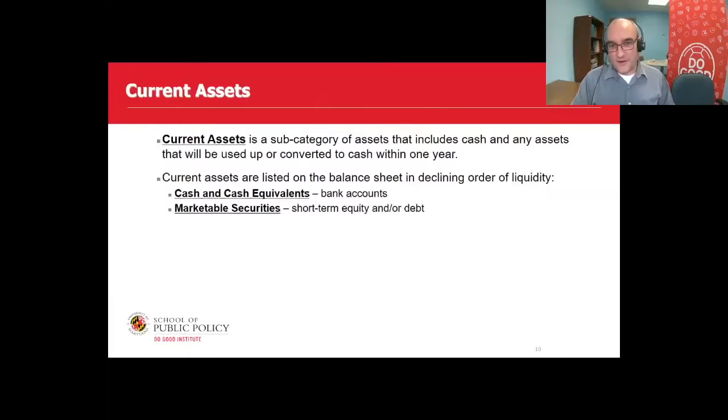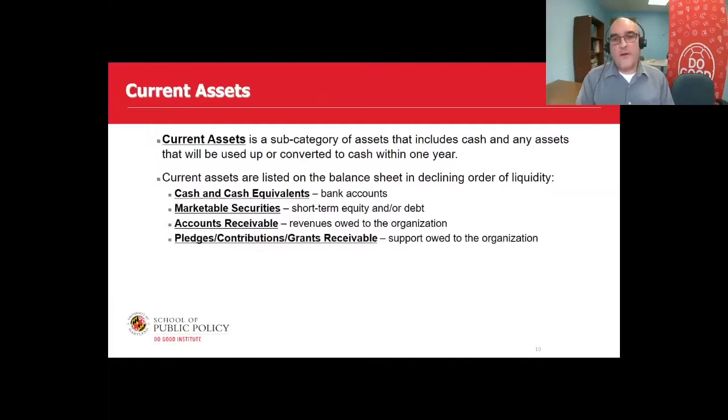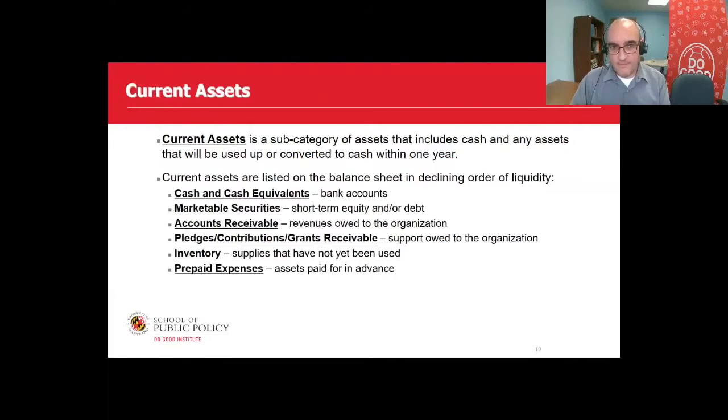But marketable securities that can be easily converted into cash are usually second on the list, followed by revenues owed to the organization and support owed to the organization from outside contributors. Accounts receivable and pledges or grants receivable are next in line.